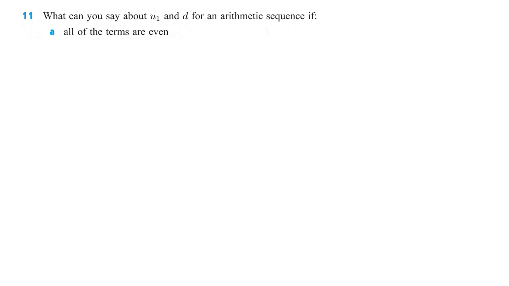Let's take a look at our last one here for today, which is 11. What can you say about u sub 1 and d for an arithmetic sequence if all of the terms are even? Well, we know for sure if every term is even, that means that the first term is even.